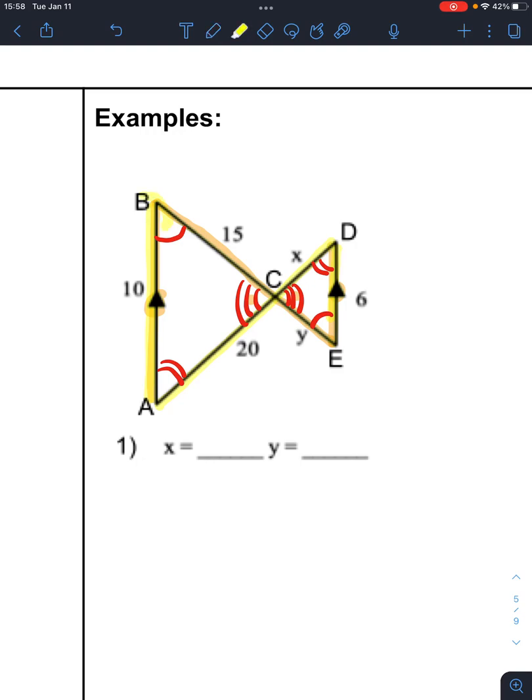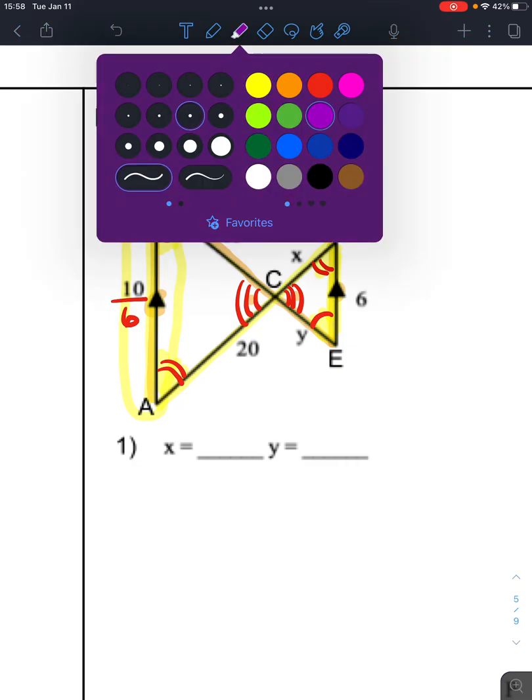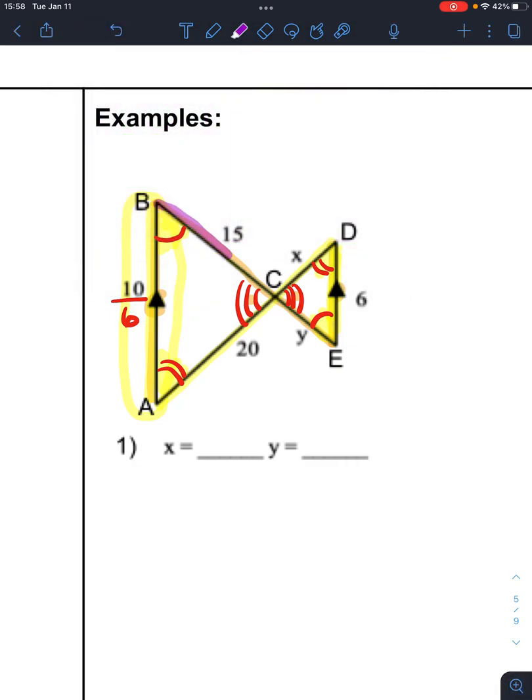So let's look here. First you want to look right here. The side that is labeled 10, on one end we have 1 mark and on the other end we have 2 marks. So we look at our little triangle and find the one that has the same marks, 1 and 2. That means that the 6 is going to match up with the 10. Now, if we look at the 15, BC, it has 1 mark and 3 marks.